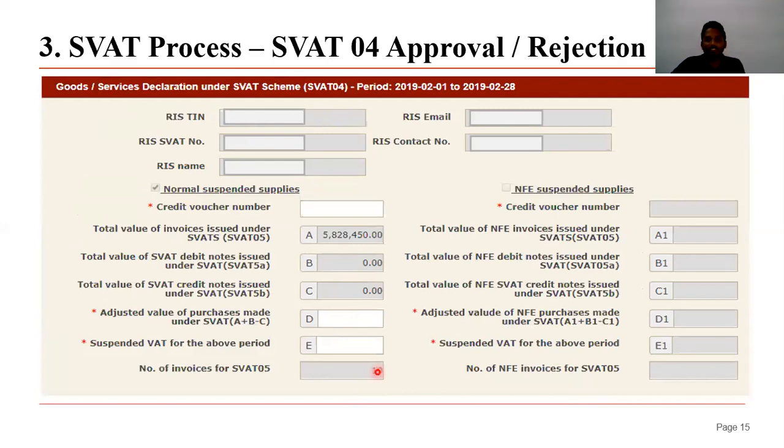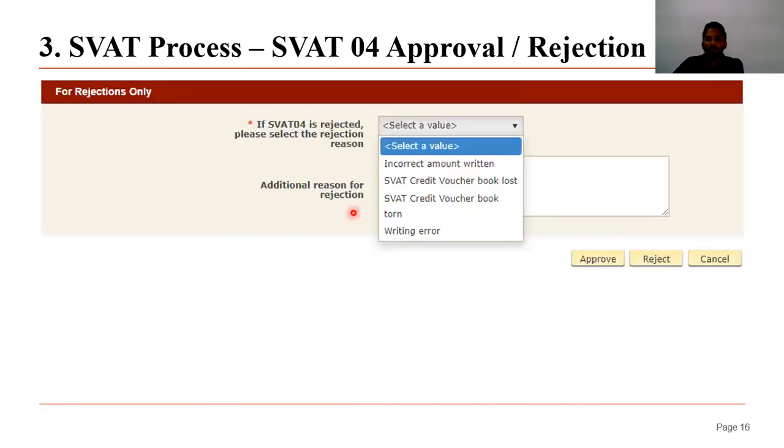They realize that all 10 invoices they have entered. If they are satisfied, RIP can allocate the SVAT credit voucher number here. Then they allocate the credit voucher number, and then RIP can approve the same, by allocating the credit voucher number.